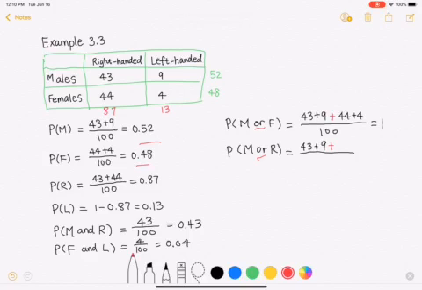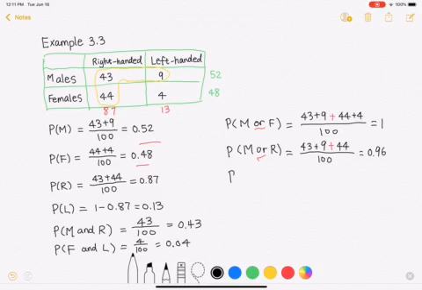We don't want to add it again. But then 44 is not added. Okay, it is right-handed and it's not added yet. And then you divide it by 100. So basically, male is right here, and for right-handed, you're talking about this region. Okay, so then you add up the numbers. Use a calculator. 43 plus 9 is 52, and 52 plus 44 is 96. So it's 0.96. This is how we get that answer.